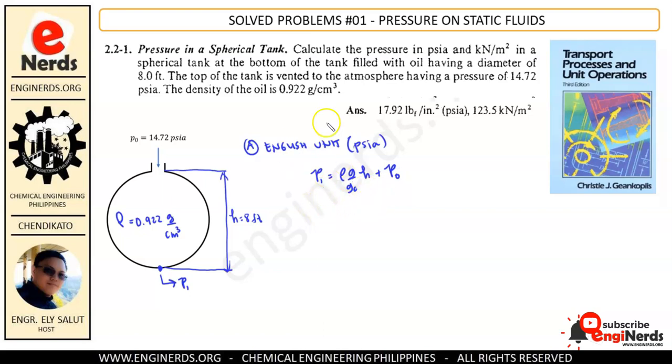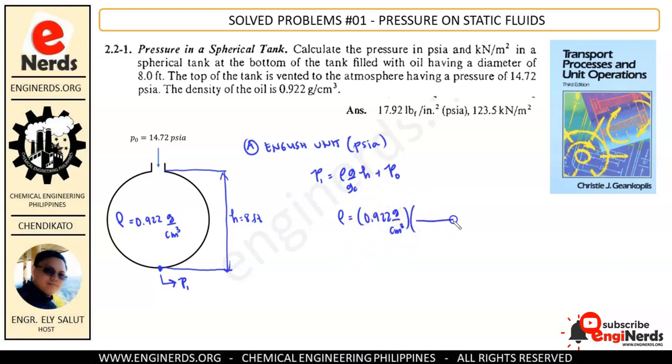So, i-convert muna natin lahat ng ating unit into English unit para hindi tayo malito sa pagsosolve. So, unahin natin yung density. So, our density is equal to 0.922 grams per cubic centimeters. So, i-convert natin siya into English unit.